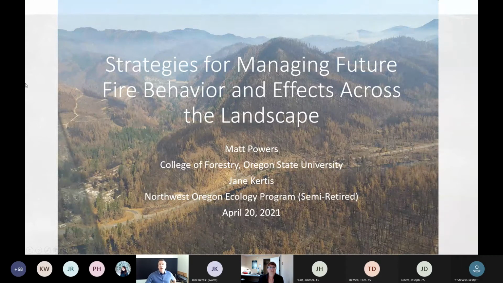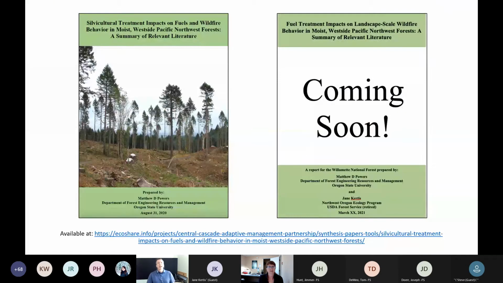I'll note that I've got one or two pictures in here, like this one of the Holiday Farm fire, that are uncredited from Wendy Peterman, but thanks for sharing those with me, Wendy. I'll also note that Jane and I have been involved in developing some literature syntheses that I'm drawing on pretty heavily for this presentation.